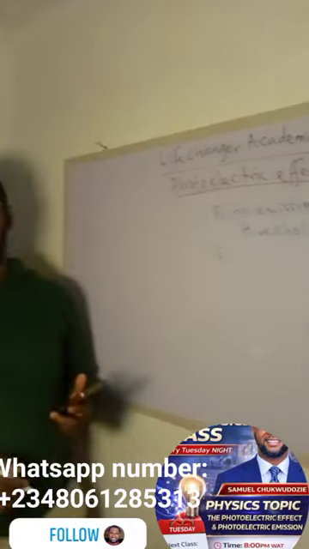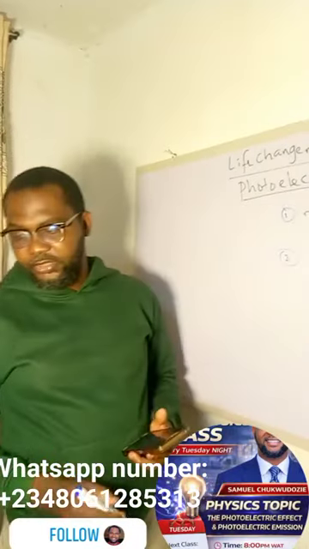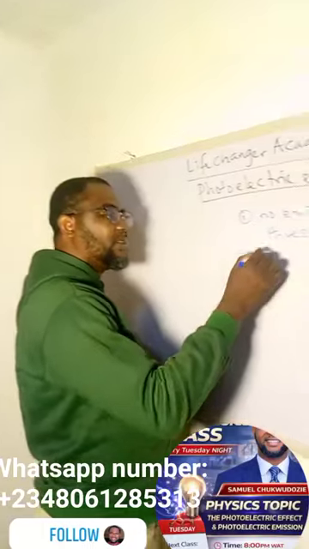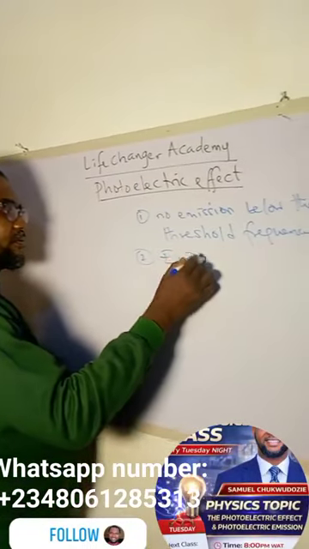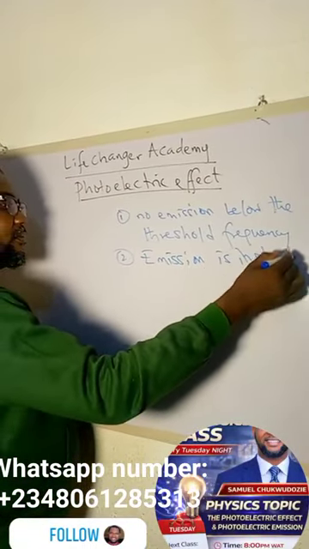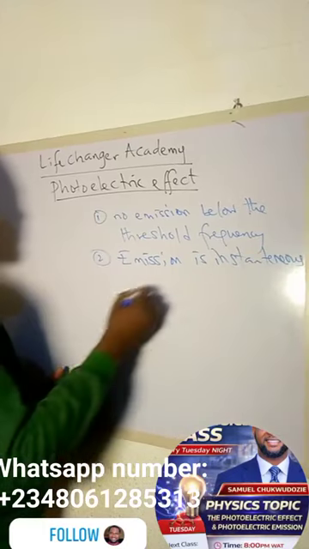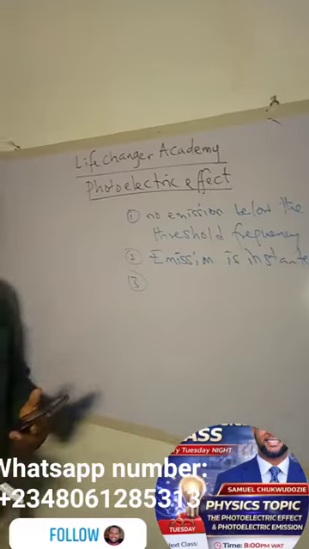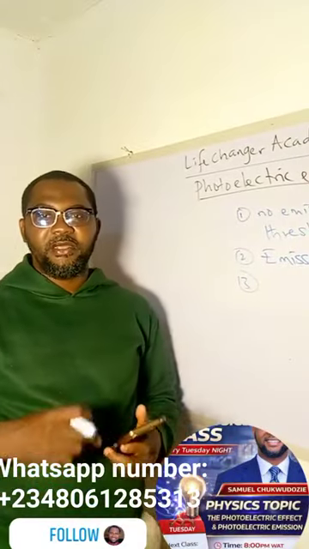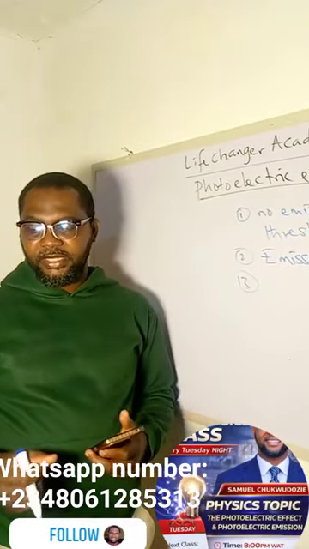I already mentioned that there is no emission below the threshold frequency. Then secondly, you should note that the emission is instantaneous. That means once light hits the surface of the metal, emission is very instantaneous.